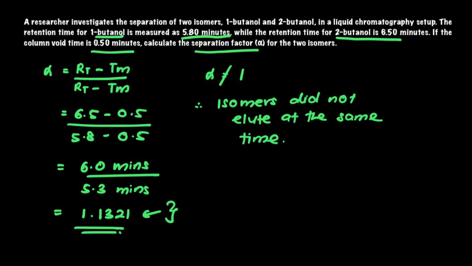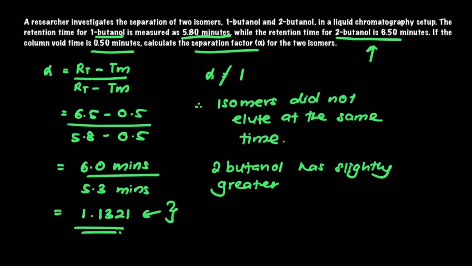If you can see here, the retention time for 2-butanol is actually larger as compared to 1-butanol, although it's an isomer. Therefore, we can say that 2-butanol has slightly greater affinity for the stationary phase.